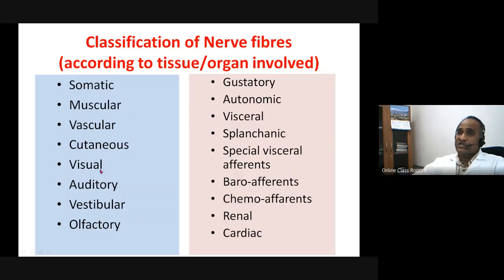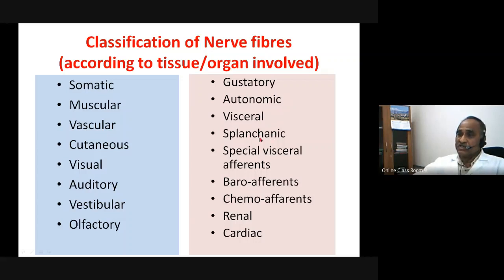If it is originating from the visual, that is rods and cones, the visual or optic nerve, then auditory nerve from the hair cells of the cochlea, or vestibular nerve, that is either from the otolith organs or the semicircular canals, the olfactory nerve, gustatory nerve, autonomic nerves, that means those supplying the autonomic nervous system, the visceral nerve. For example, they supply the different viscera of the body, maybe thoracic, abdominal, or anything.